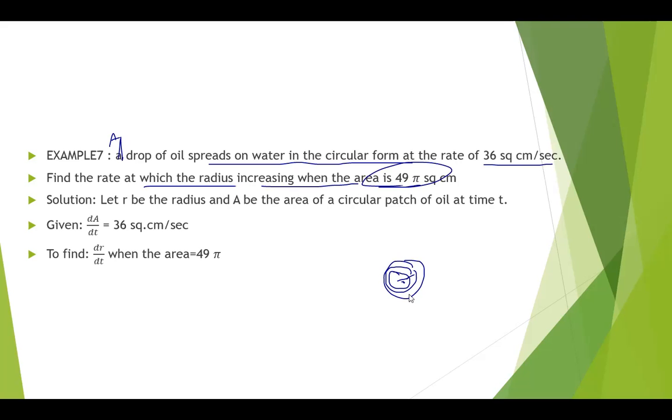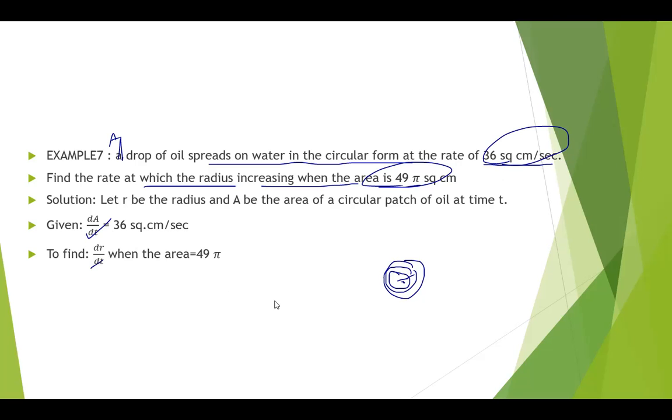Let r be the radius of the oil drop and A be the circular patch obtained from that oil drop. What they have given? They have given at what rate the area of that circular patch is increasing. So I take dA by dt as 36 square centimeters per second.